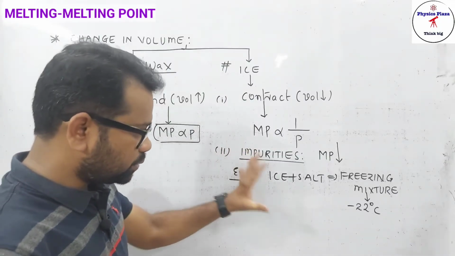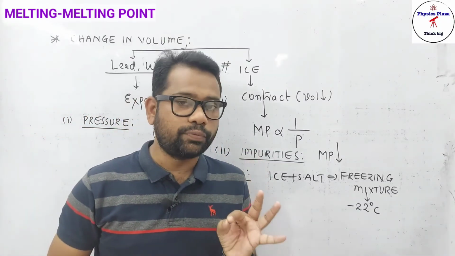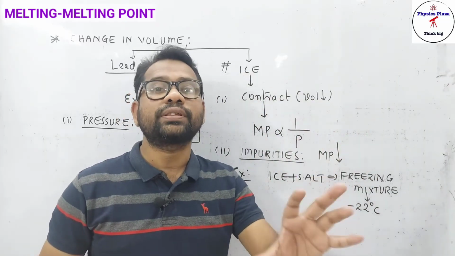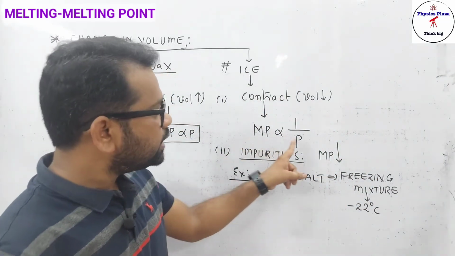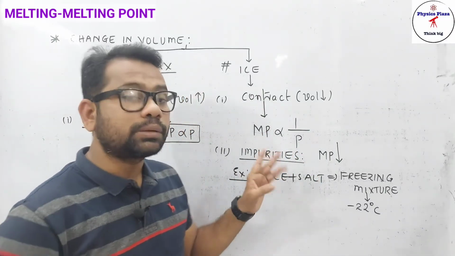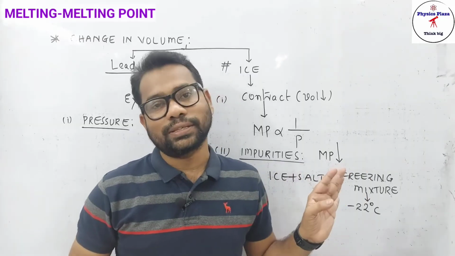Again I repeat, from the examination point of view, the effect of pressure and the effect of impurities on the melting point of ice is important. When you increase the pressure, the melting point of ice decreases. When you add impurities, the melting point of ice decreases. In both cases, it decreases.